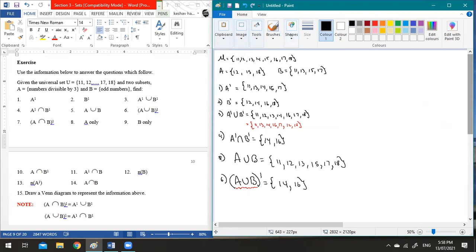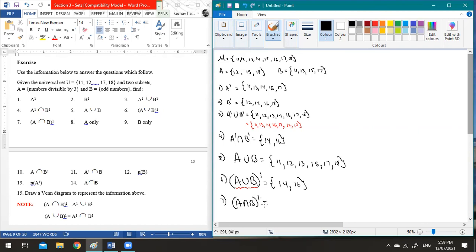Number 7, we have A intersect B in brackets prime.